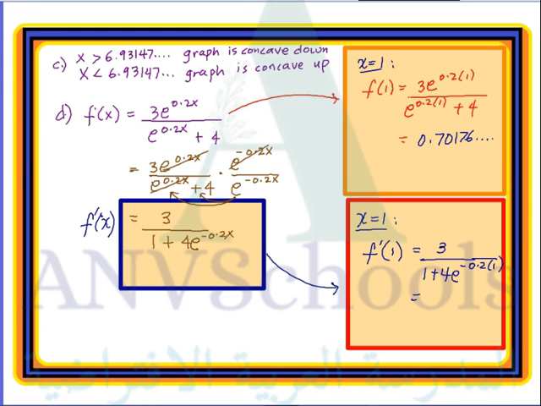So 3 divided by 1 plus 4e raised to negative 0.2. So this gives me the same answer, 0.70176.